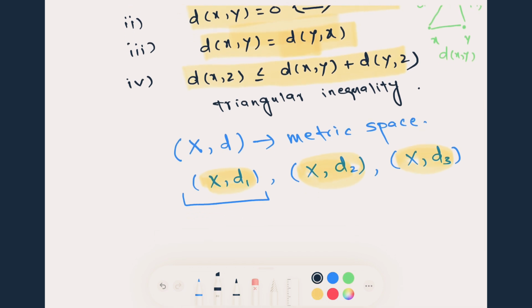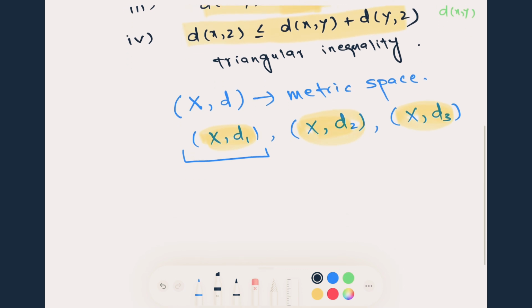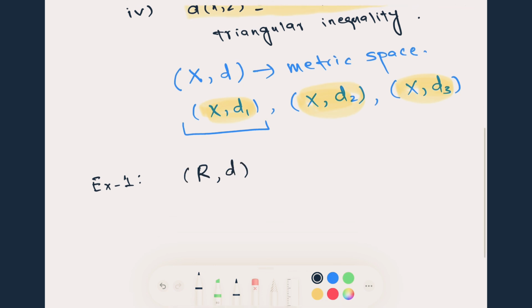So, let me give some examples of the metric space. The first example is that of the real line, and we have some metric on this, and the metric is, if we have 2 points x, y, the absolute value of x minus y.